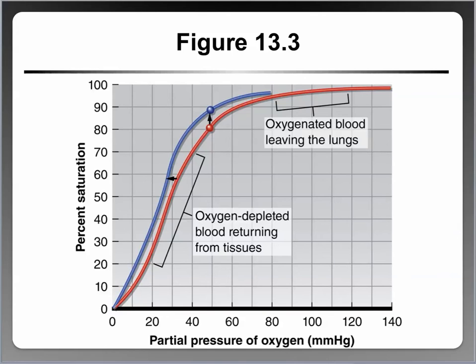But at altitude you're only giving off maybe 18%, so you're still about 82% bound. So it's a little bit harder to give off oxygen to the tissues, but the benefit is that you hold on to it. It's kind of like gold at a higher altitude, so you've got it if you need it.